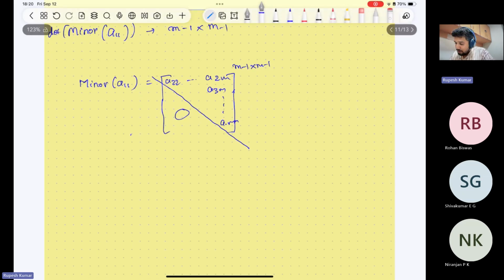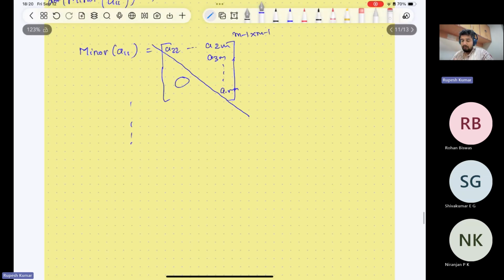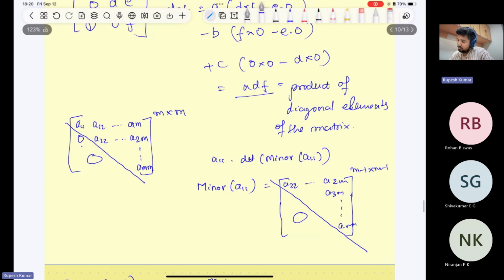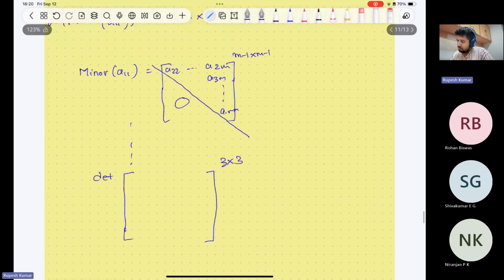And eventually, if you keep repeating this, you will see that you will need to find the determinant of a 3 by 3 matrix, right? Determinant of a 3 by 3 matrix. I think I wrote that matrix. Right. This is here. Okay, fine.